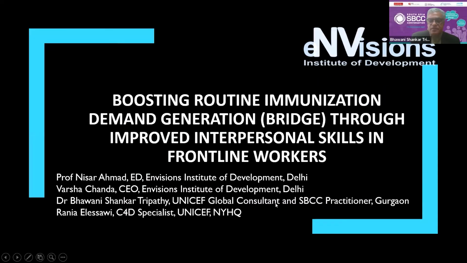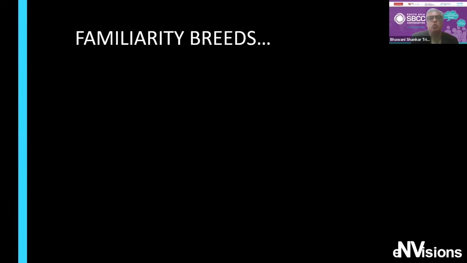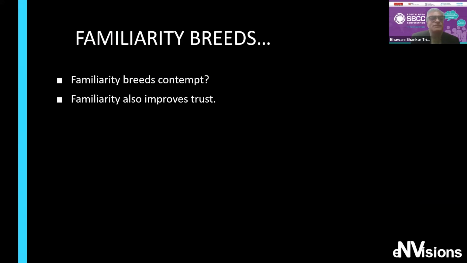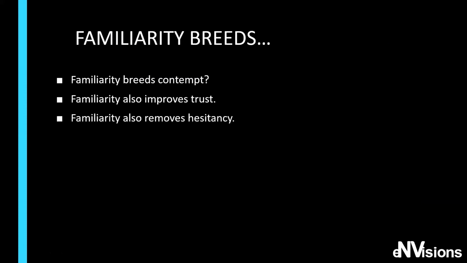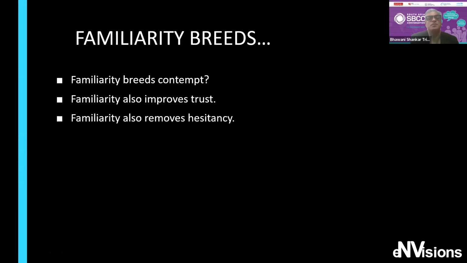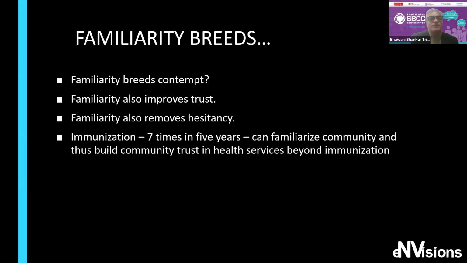All right. Now we all know that familiarity breeds contempt, but we also should understand that familiarity improves trust, and it can remove hesitancy because you come close to people and you are able to interact with them.